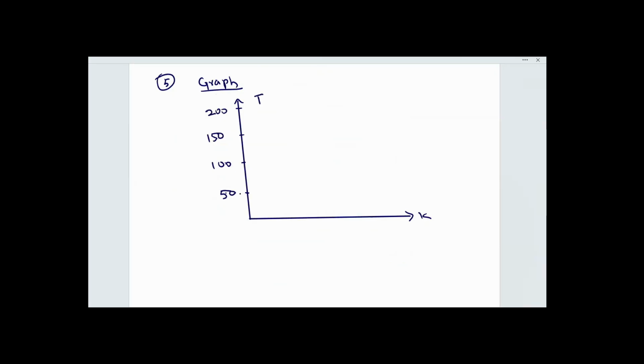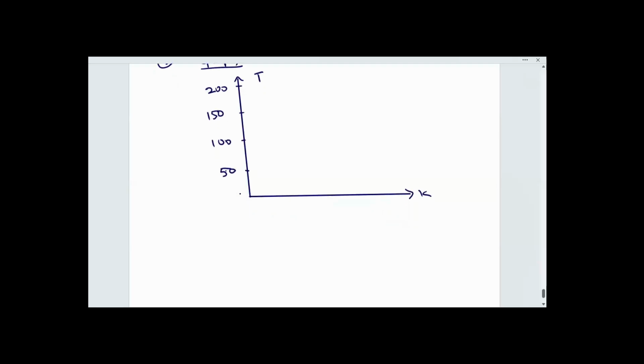This is T. Okay. Then for K also make it 50-50. Here is 50. Let me push it down. Here is 50, 100, 150, then 200. Okay, starting from 0.